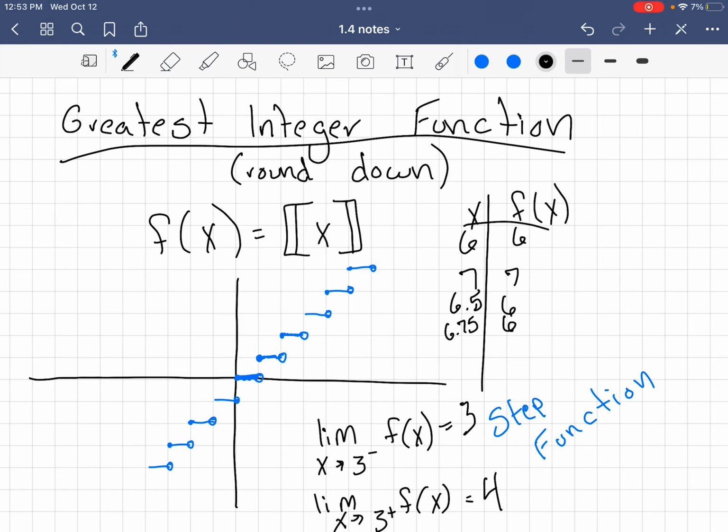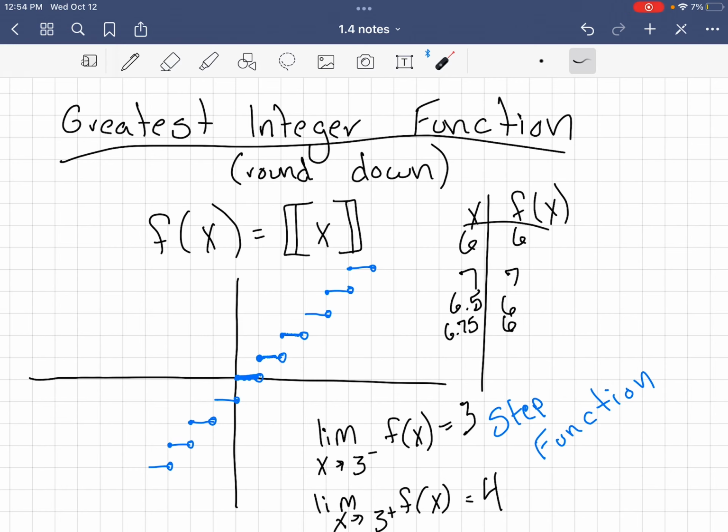What is the continuity like of this function? They're not the same. Is it continuous? No. Does it have points? Where are its points of discontinuity? A lot of them. Yeah, because the left and right-sided limits aren't the same at every whole number.